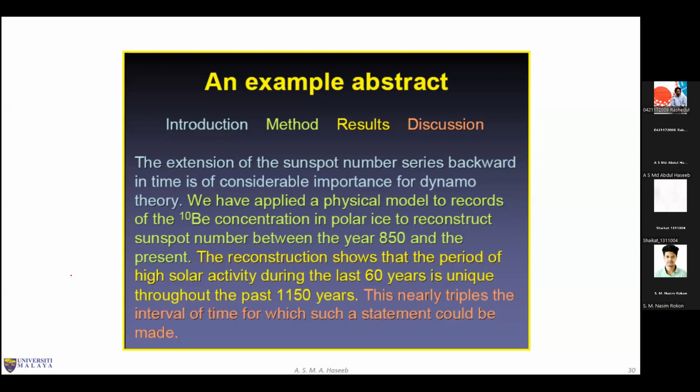Introduction in blue, method in probably green, results in yellow, discussion kind of brick red color. So in my opinion, it's a very well written abstract. It's almost like a poem, a piece of poetry. So it has all the sections written in a very well-balanced manner in such a small space.